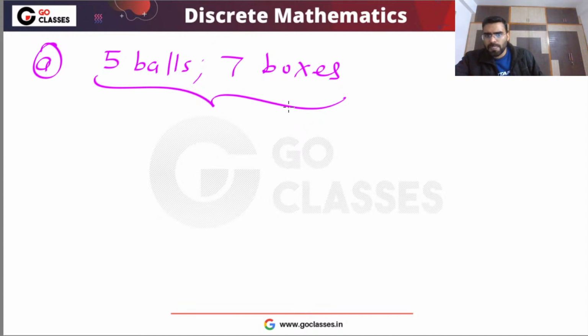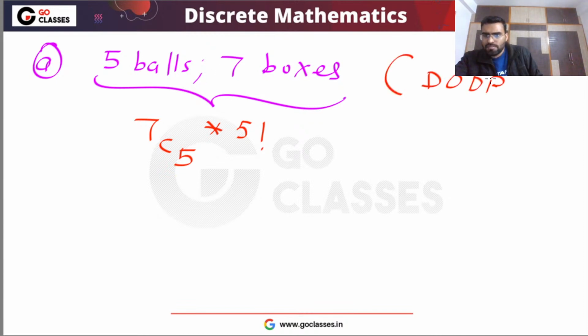So very simple. Just select which 5 boxes you want. Yes or no? Once you have selected 5 boxes, then 5 factorial. Because remember, this is DODB.